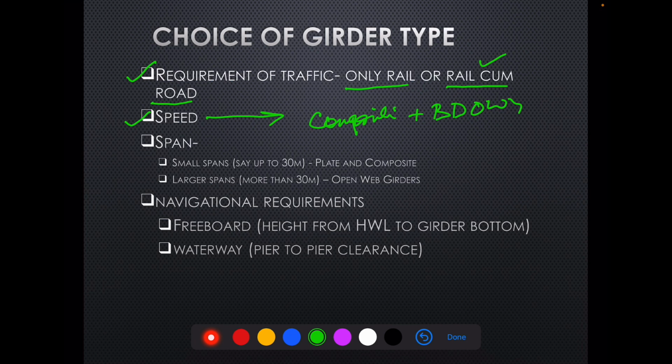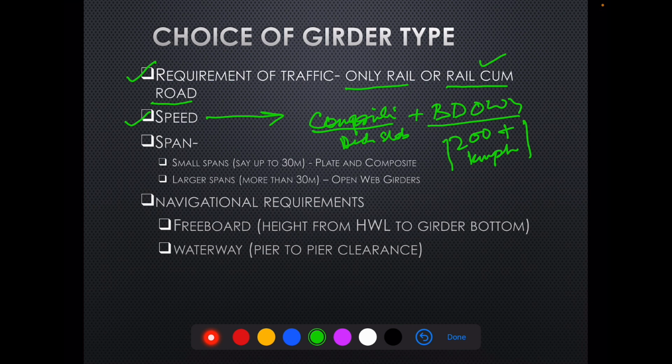In the study, it has been found that beyond 200 kmph speed, the girders provided with deck slab, like in composite and ballasted deck open web girders, are suitable for higher speeds, and the girders which are not provided with concrete decks are not suitable for these higher speeds.